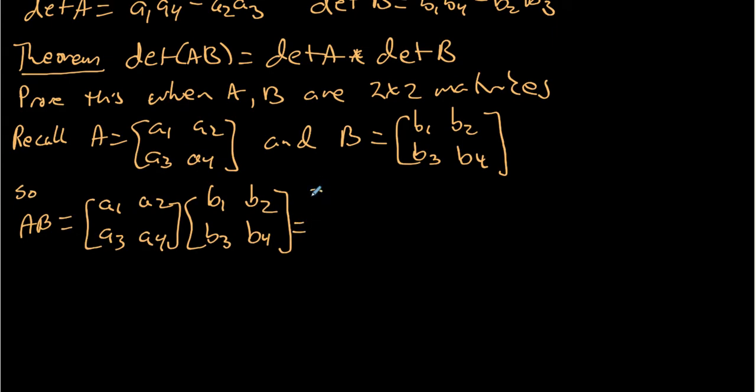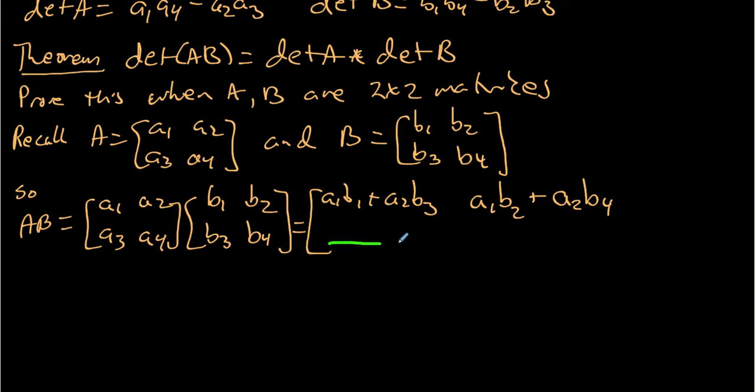And when we do the computation, we're going to have, of course, this row dotted with that column for our first entry. And so the 1, 1 entry in this 2 by 2 matrix is going to be A1 B1 plus A2 times B3. This entry over here is the top row dotted with the second column, and so we wind up getting A1 B2 plus A2 B4.